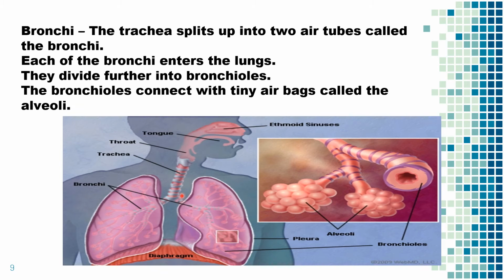Each of the bronchi terminates by entering into the lungs. The left bronchus enters into the left lung and the right bronchus enters into the right lung. At the ends of the bronchioles, there are sac-like structures called the alveoli, and these alveolar sacs are filled with air.